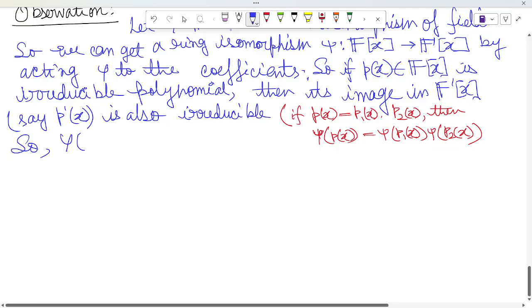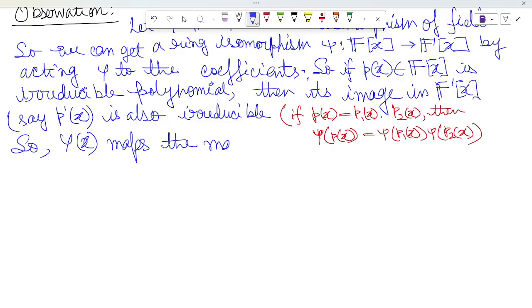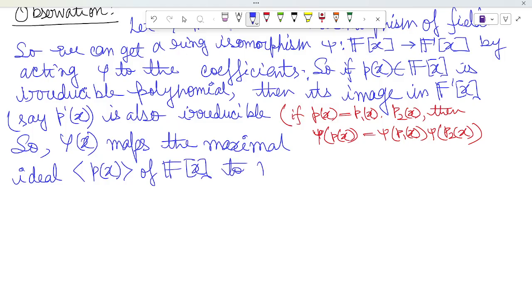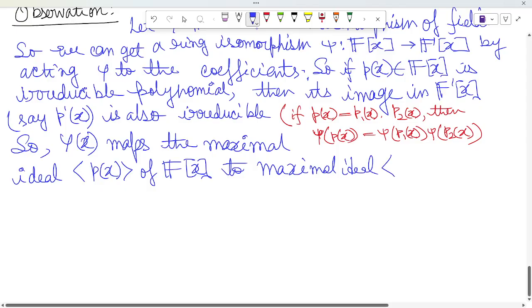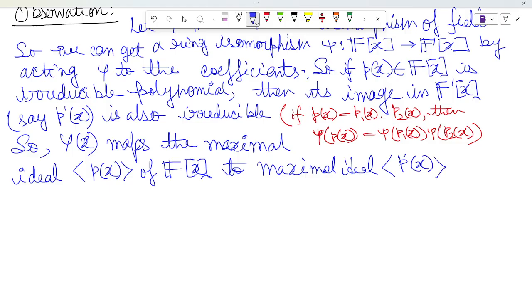So psi maps the maximal ideal generated by p(x) in F[x] to the maximal ideal in F'[x].